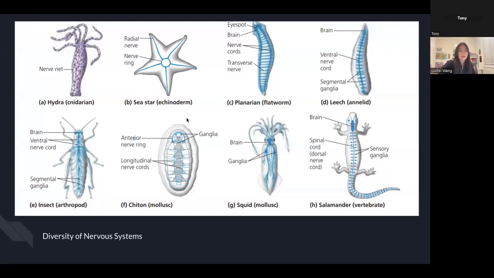The more complex animals have ganglia, which are segments of neurons that are relay points in information transfer. For example, the salamander has little sensory ganglia, and so does the squid. But the less complex animals don't have that.